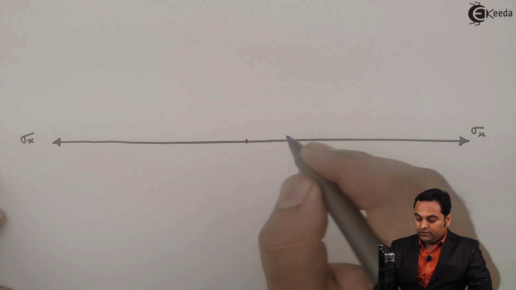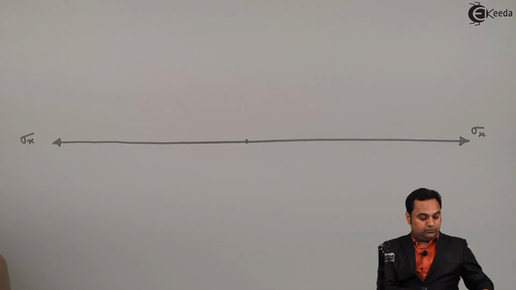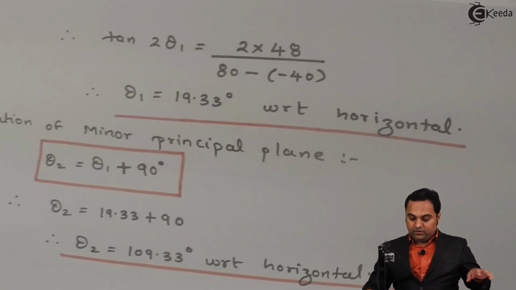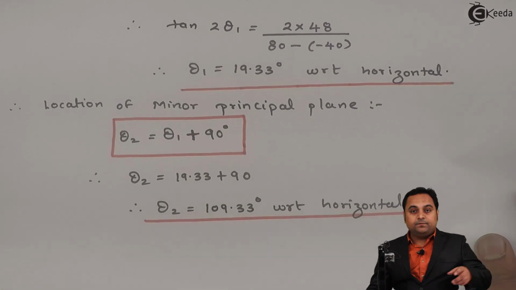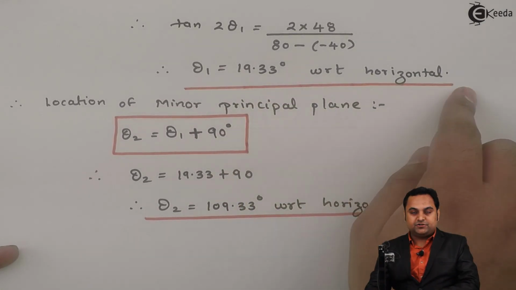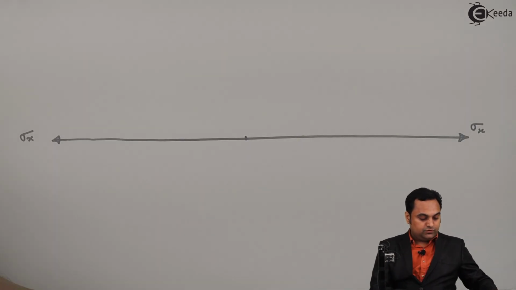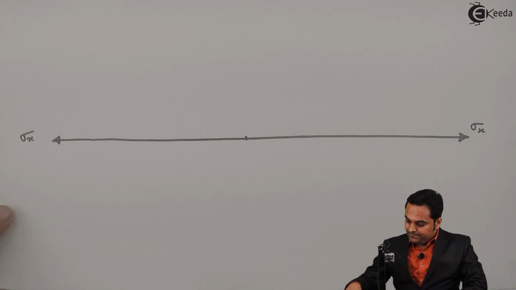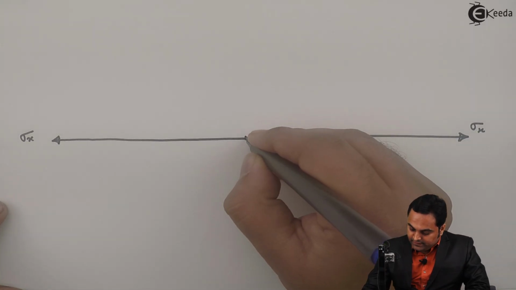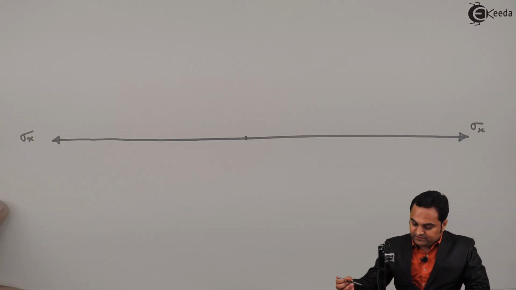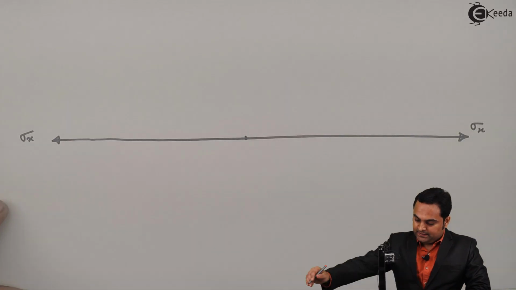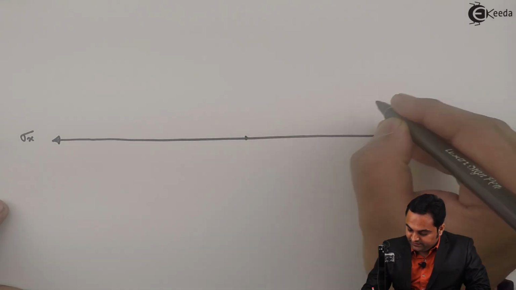Next, the first thing which we have found out was theta 1, the location of the major principal plane. We have found out theta 1, it was 19.33 with respect to horizontal. First I will locate theta 1, then theta 2. So here I am taking an arbitrary angle, just by judgment, an angle of 19.33.